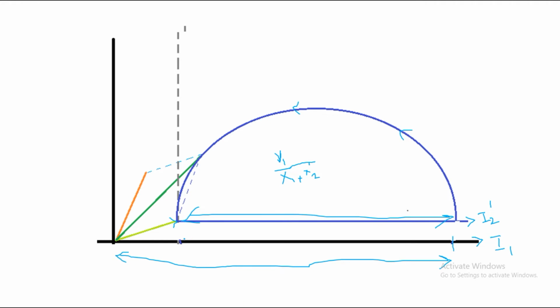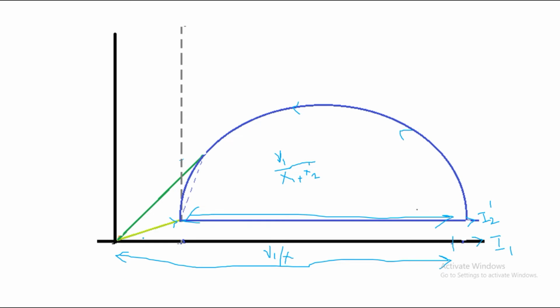So again it has the same diameter as I2 dash. We can say this is the diameter V1 by x. Likewise we include all the three current phasors, especially the locus diagram of rotor current. It happens only by shifting the reference axis, that is the y axis, to the tip of I0.